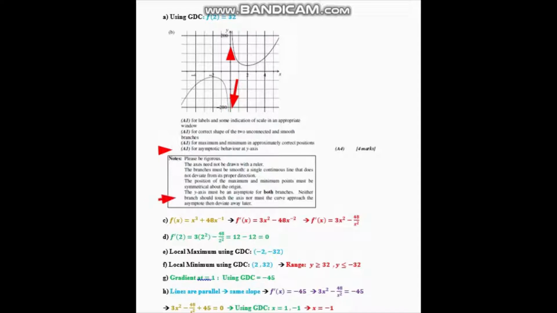So the y-axis must be an asymptote for both branches. Neither branch should touch the axis, nor must the curve approach the asymptote then deviate away later. So you cannot approach the y-axis and then drift off with your curve to the right. It has to approach the y-axis and remain close to it but never touching it.